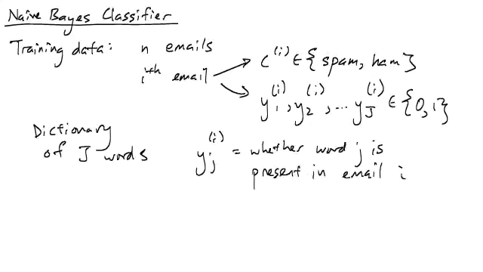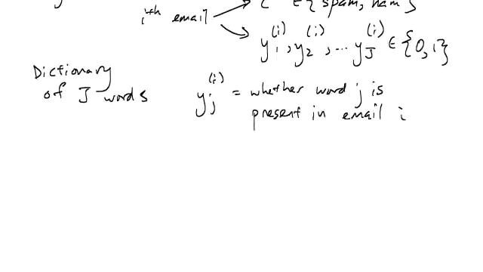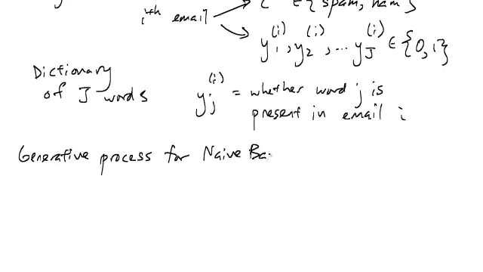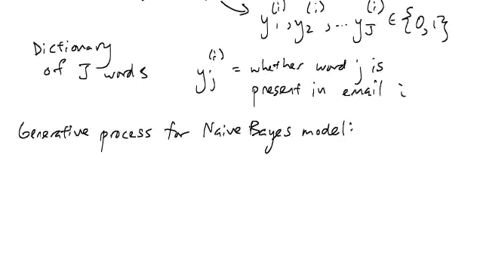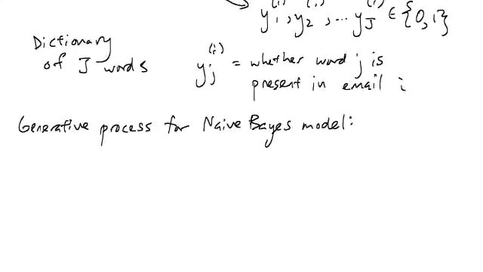I haven't given a model for this data, though, and for the naive Bayes classifier, the model is given by a hypothetical way of generating new emails. Okay? Let me make that explicit by saying what that generative process is. So the generative process for naive Bayes. So the first thing we're going to do when we generate a new email is we're going to say whether it is spam or ham.